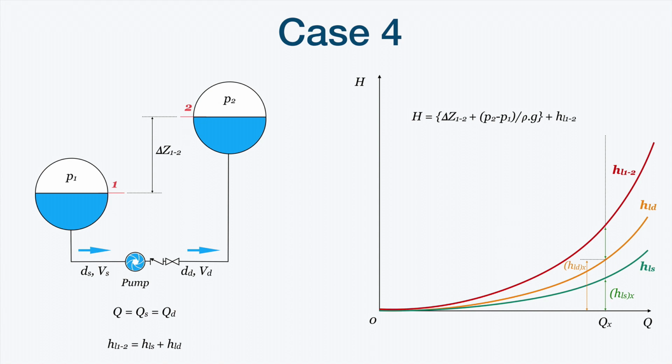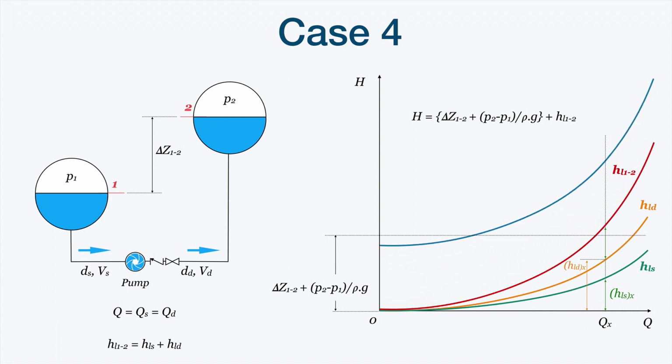This part of the head doesn't change with the flow rate, as we already know. So we can draw here a line that doesn't change with the flow rate, and we can add the head losses over this line to obtain the curve H, or total head of the system versus Q for this system.